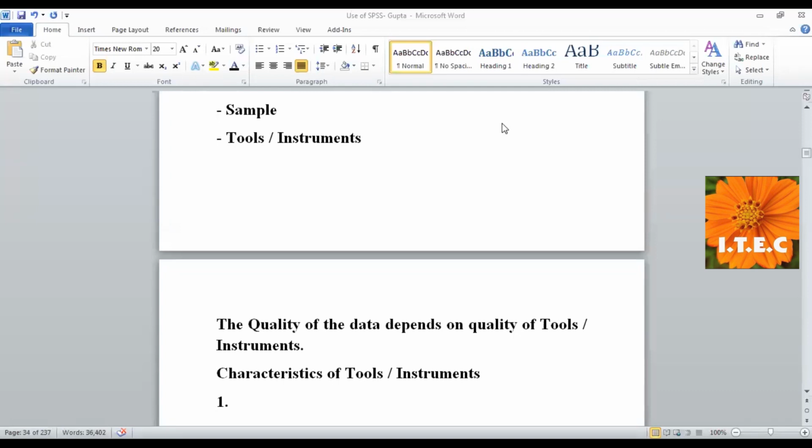So the truthfulness of the tool is called validity. So validity refers to truthfulness of the tool or instrument.